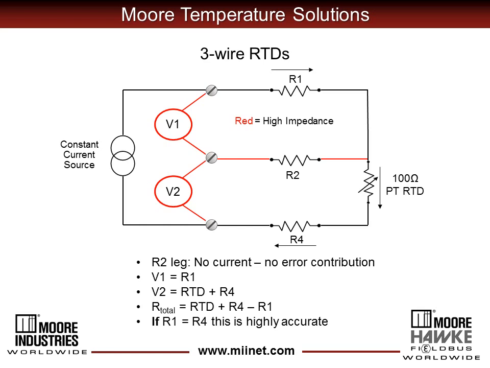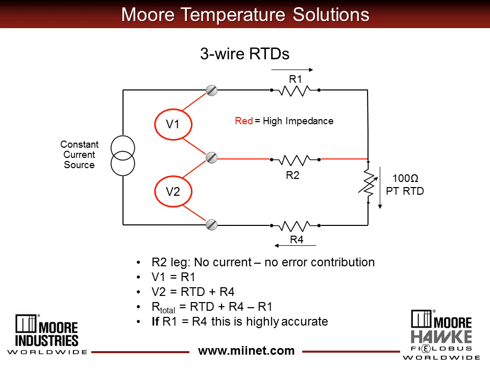When we measure voltage 1, that gives us the value of lead wire resistance R1. When we measure voltage 2, that gives us the value of the RTD plus the lead wire resistance R4.